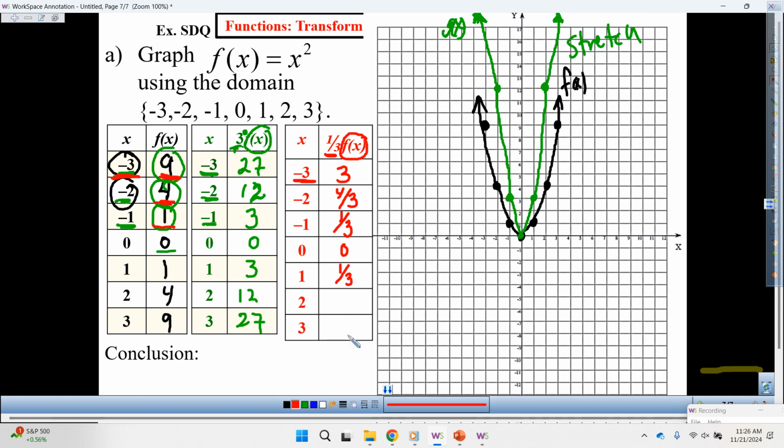Fill in the last 2. Tell your neighbor how we got those values, please. All right, let's see.